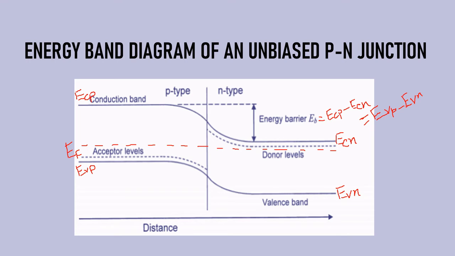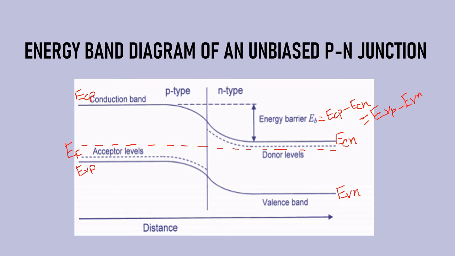The difference EVP minus EVN is the energy barrier for the valence band. ECP minus ECN is the energy barrier for the conduction band, and EVP minus EVN is the energy barrier for the valence band. So this is the barrier energy, and this is the energy band diagram of an unbiased PN junction.